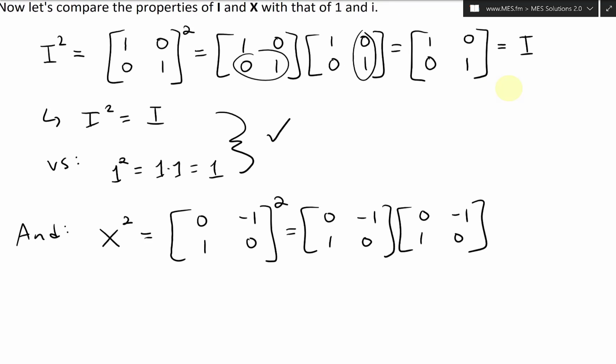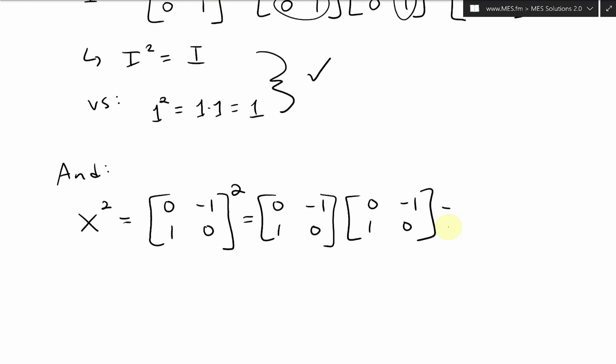Here I just move things around so it fits. Now do the matrix multiplication, this row and this column. So 0 times 0 is 0, plus -1 times 1. That's going to be -1.